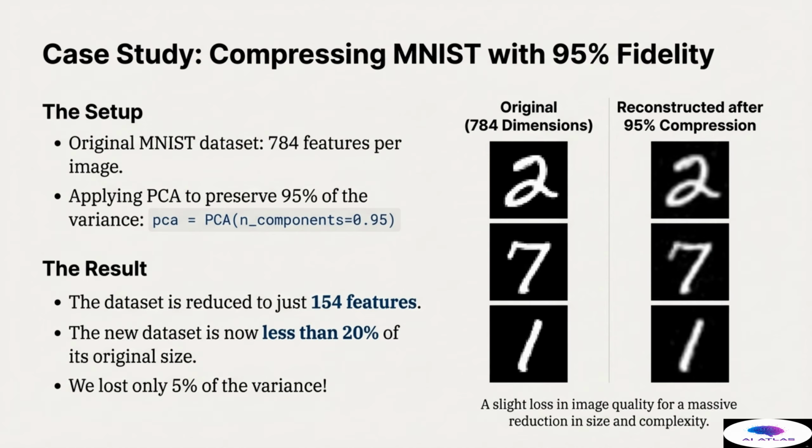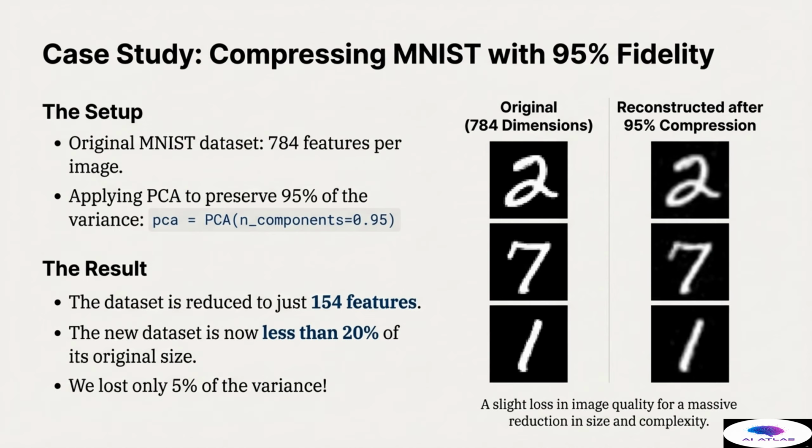The result is genuinely impressive. The dataset is reduced from 784 features down to just 154 features. This means the new dataset is now less than 20% of its original size, resulting in enormous benefits for storage, memory usage, and model training speed. Crucially, we lost only 5% of the total variance, meaning we retained 95% of the information content.